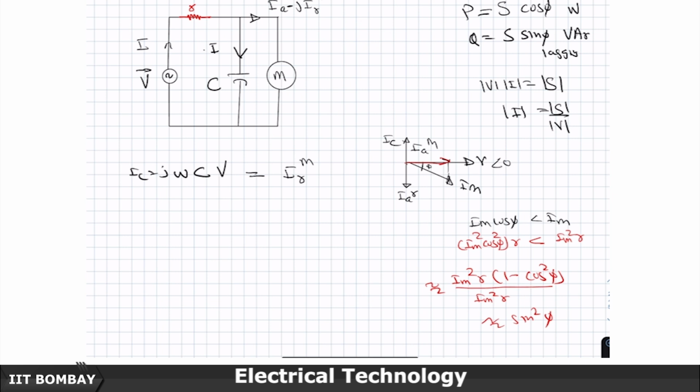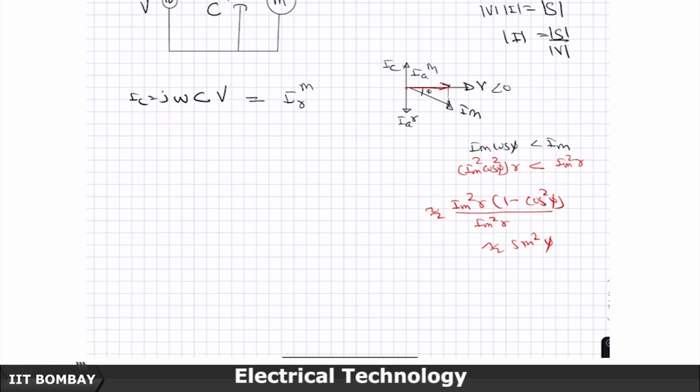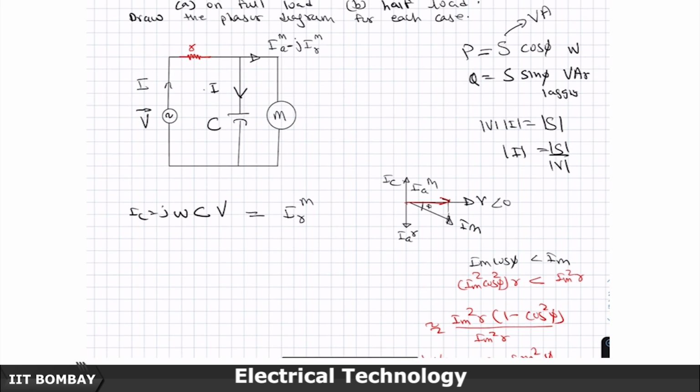Then this is a valid approximation, and we can see that the percentage reduction in loss is approximately, since I have completely compensated the reactive power component of the current of the motor, the new power factor is unity. If I do partial compensation, then it will not turn out to be unity, the current would turn out to be somewhere here, for example.